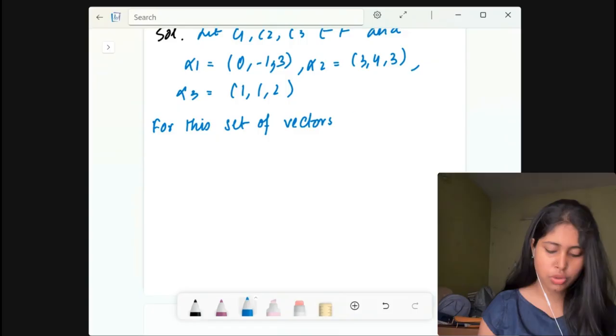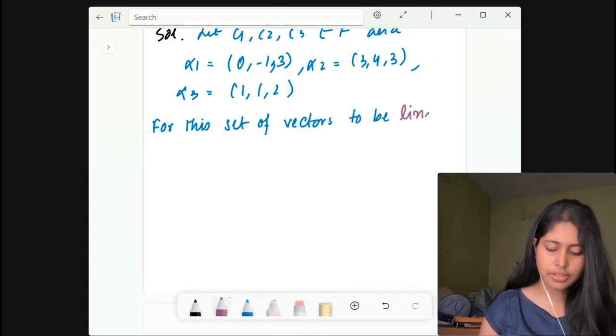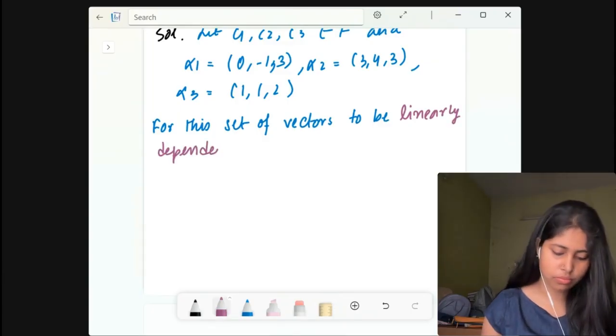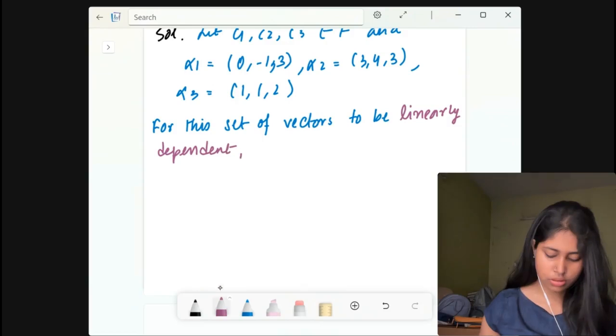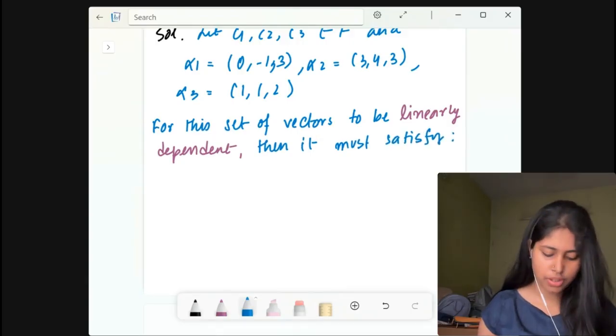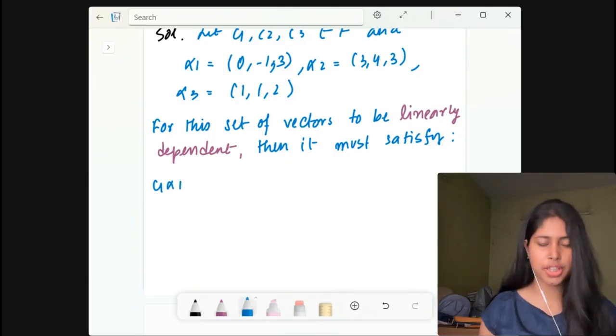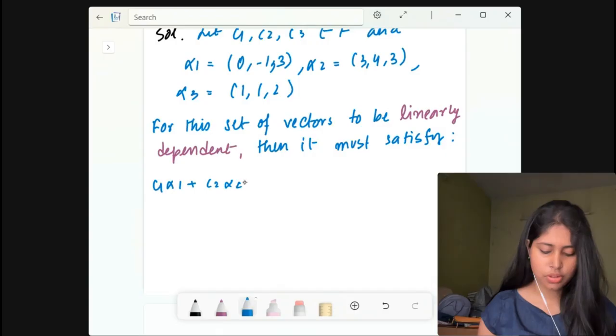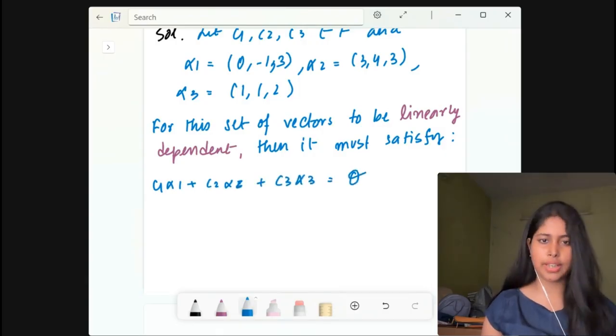Now, for this set of vectors to be linearly dependent, it must satisfy the condition we already know: C1 alpha 1 plus C2 alpha 2 plus C3 alpha 3 equals theta, where theta is the zero vector.